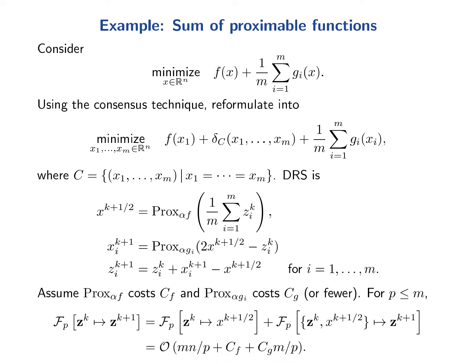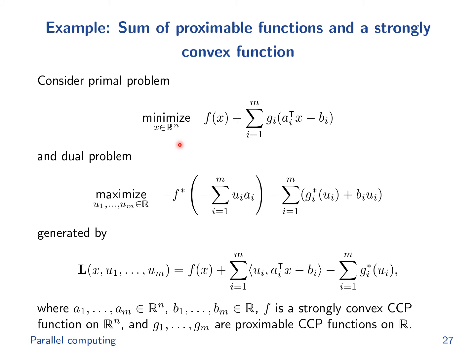We consider minimizing CCP function f plus the sum of CCP functions gi of ai transpose x, where ai is an n-vector, x is an n-vector, minus scalar bi. Write down the Lagrangian, which is a saddle point function, convex in x and concave in u.